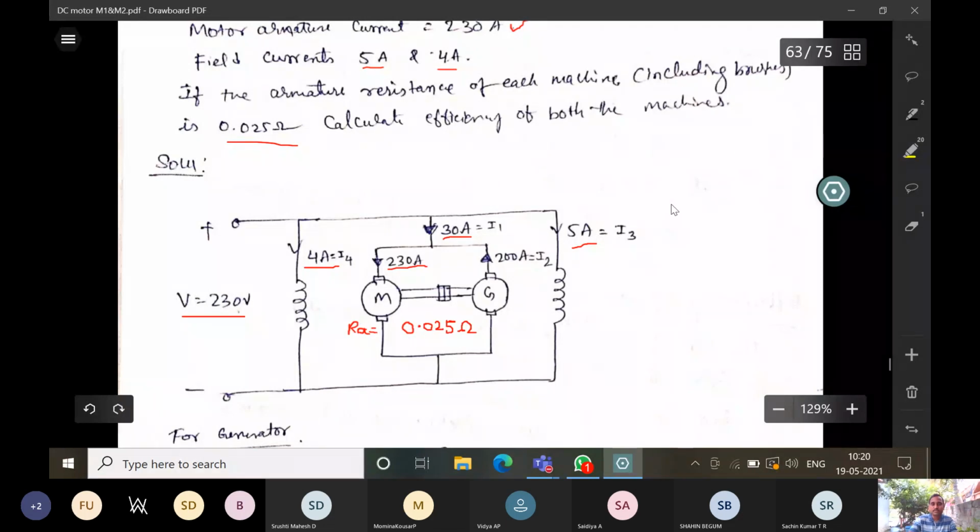Calculate the efficiency of both the machines. So eta M and eta G we need to calculate.